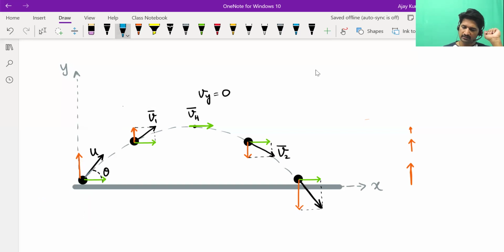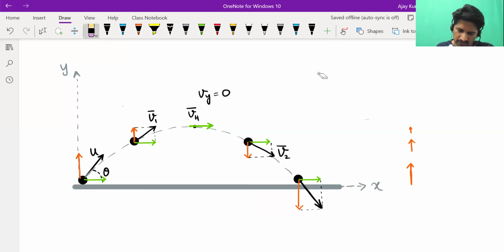But during descent, gravity is like this, always downwards. You take the component of gravity parallel to velocity, it's in the same direction as velocity, right? It's not opposite to it. So during descent, the tangential acceleration that is there, g parallel, it increases the speed of the object. So during descent, it becomes faster. During ascent, it becomes slower.